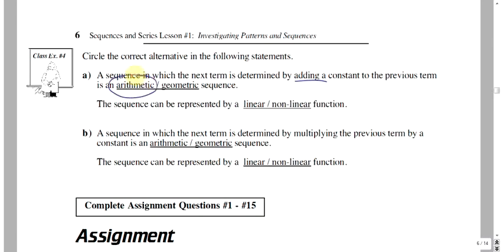Yeah, it says it, okay? And if you add a constant to the previous term and you graph it, does that make it linear or nonlinear? Linear. Just finished saying that. Conversely, if it's multiplying, we call that geometric. And this is not a linear function.